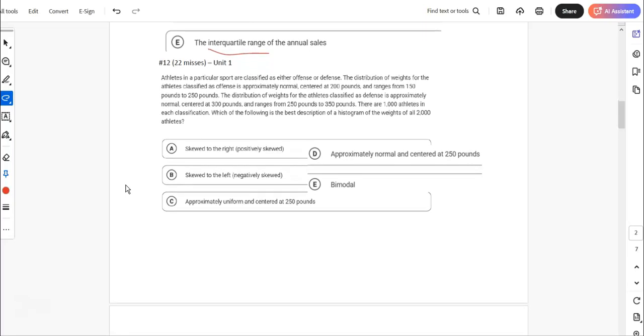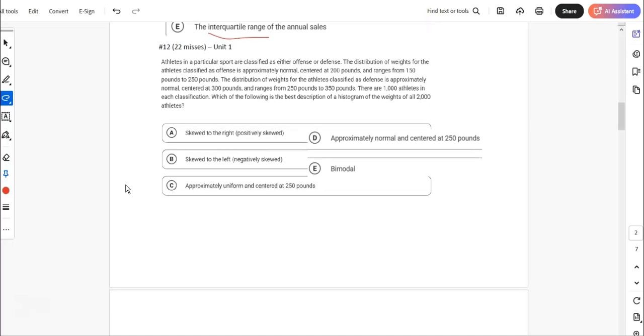So a bunch of folks missed this one. Athletes in a particular sport are classified as either offense or defense. The distribution of weights of the offensive athletes is approximately normal, centered at 200, and it ranges from 150 to 250.